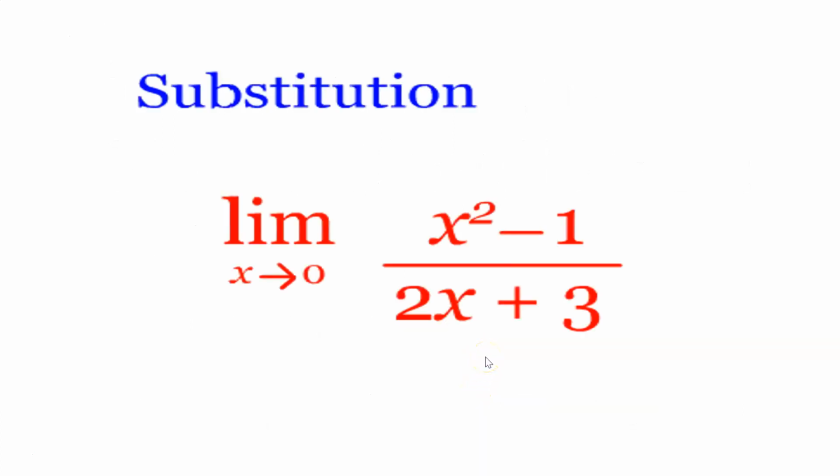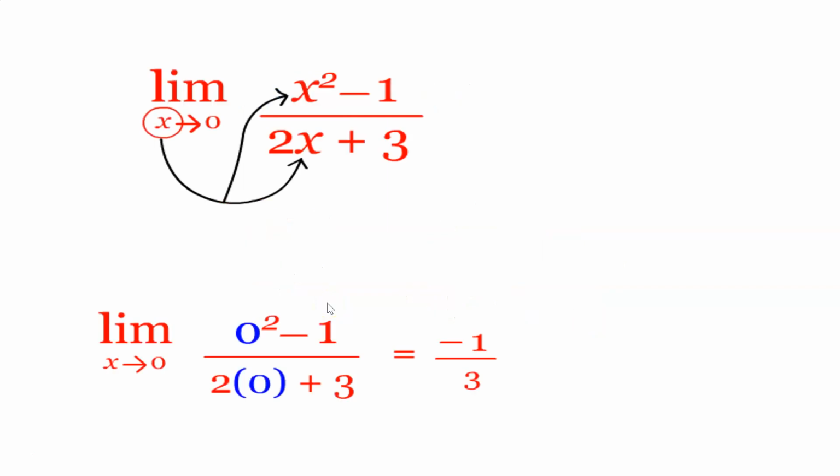So the first one is substitution, ganti, penggantian, ganti masuk. Let's say you have a function, evaluate the limit of x squared minus 1 over 2x plus 3 as x approaches 0. So you're going to use the substitution method.